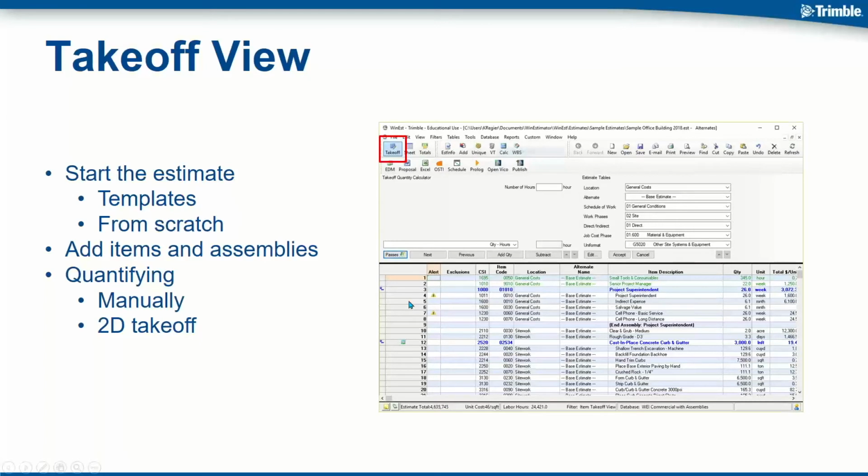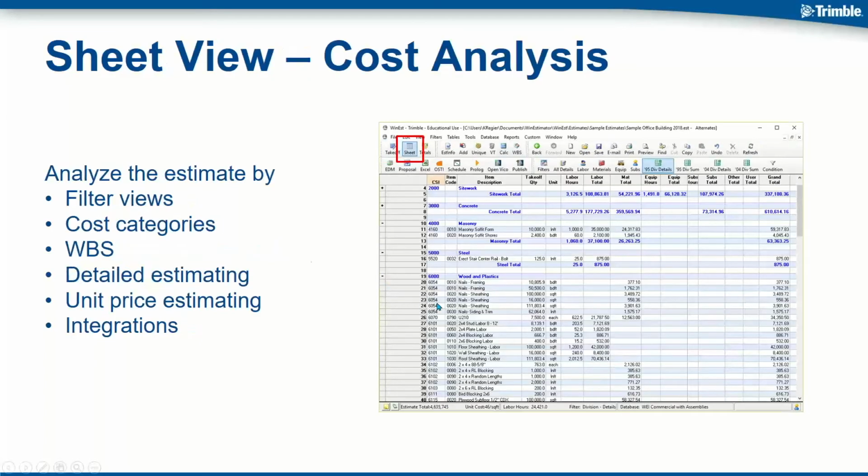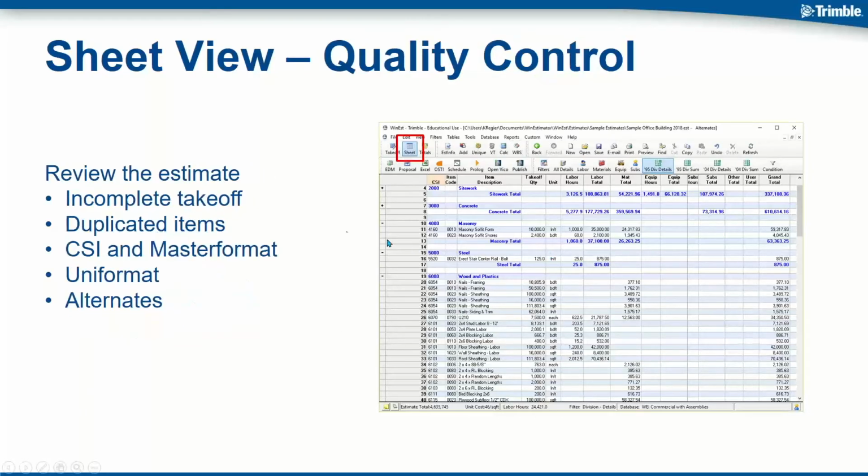Let's talk a little bit about the estimate sheet view. We're going to talk about the different filters and the ways we sort through the spreadsheet. We've already talked a lot about the cost categories: labor, material, equipment, subcontractors. But we'll talk about work breakdown structures. We'll talk about the difference between detailed estimating and unit price estimating, as well as integrations to other tools.